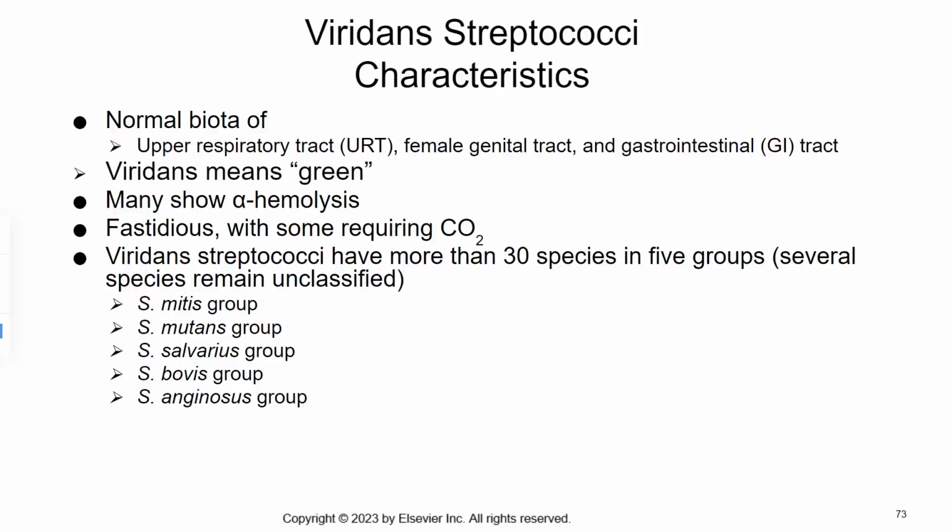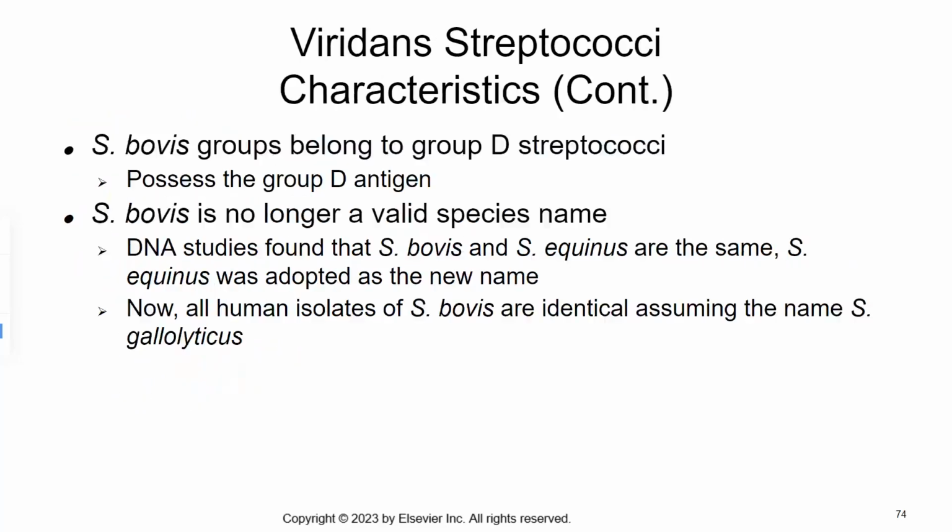The viridans strep. This is normal biota of the upper respiratory tract, female genital tract, and gastrointestinal tract. Viridans means green. Many show alpha hemolysis. They're fastidious, with some requiring carbon dioxide. Viridans strep has more than 30 species in 5 groups: the S. mitis, mutans, salivarius, bovis, and anginosus groups.